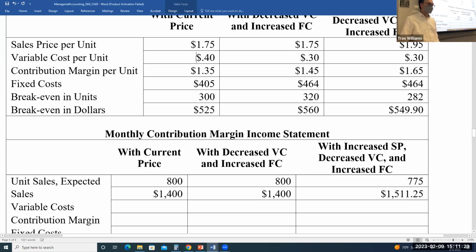Okay, variable costs, we've got 40 cents times 800. Should be $320, right? Which would make this 1,080. Is my math right here?